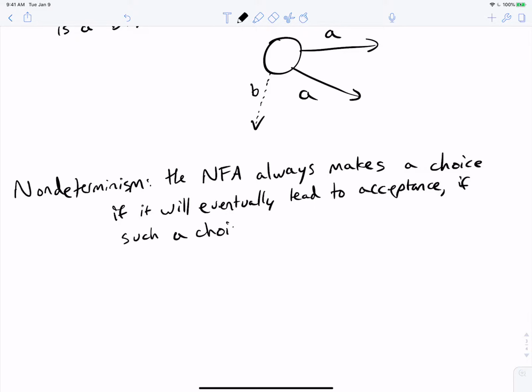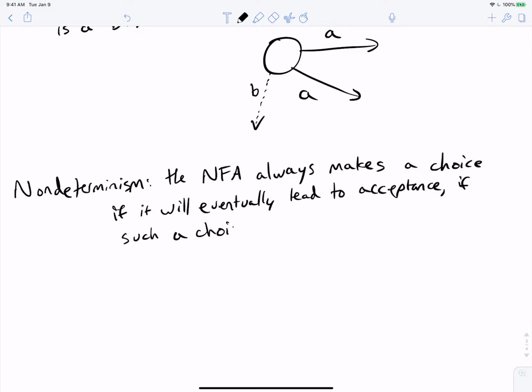NFAs cannot be built in the physical world. You nod as if it's like okay, cool. I'll explain what it is first, and then I'll say why we're actually doing this. What was your question? Sorry, I forgot.